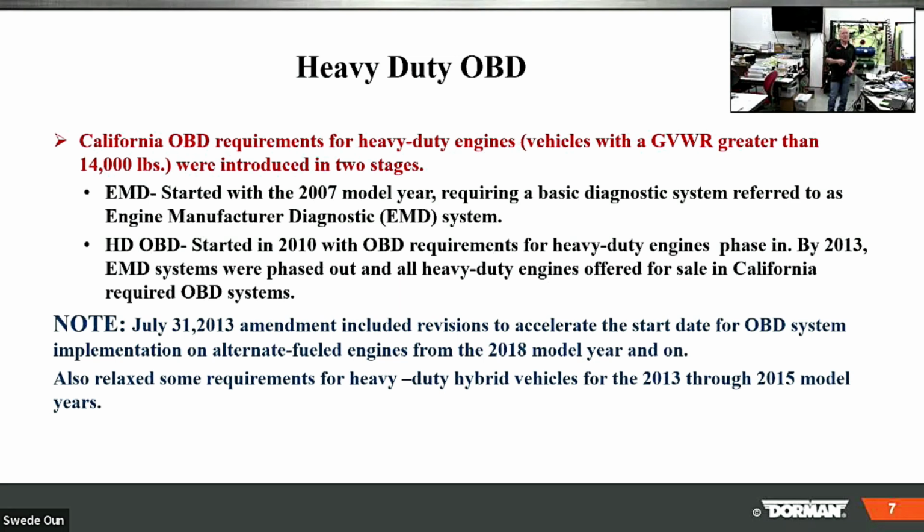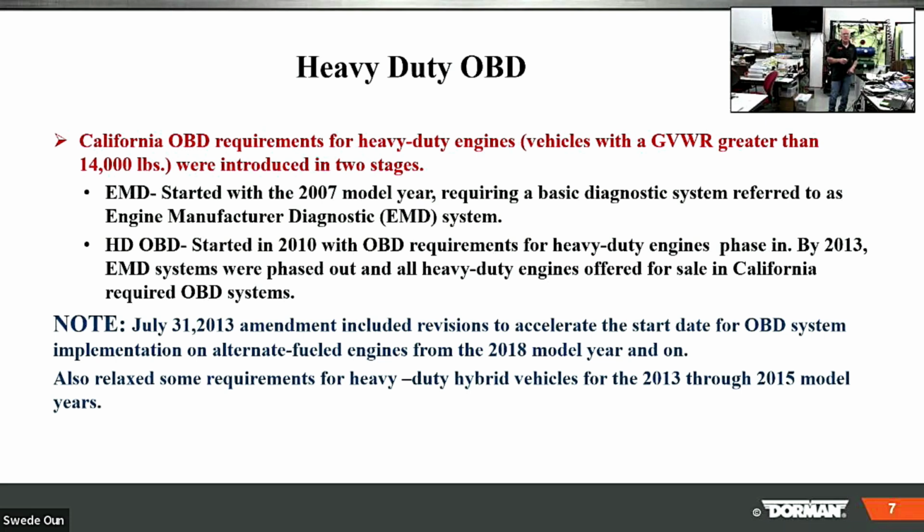Then you've got the heavy duty OBD2, which started in 2010 with the OBD requirements for heavy duty engines. Phased in by 2013, the EMD systems were phased out, and all heavy duty engines offered for sale in California required OBD.